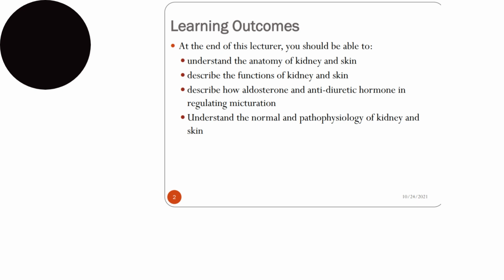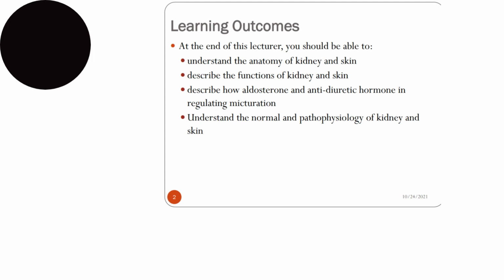And for kidney, the learning outcome number three, you should be able to know how aldosterone and antidiuretic hormones are involved in regulating micturition, the proses pembuangan air kecil. And the last one, a little bit on pathophysiology of kidney and skin, which is the problematic parts of the kidney and skin system.